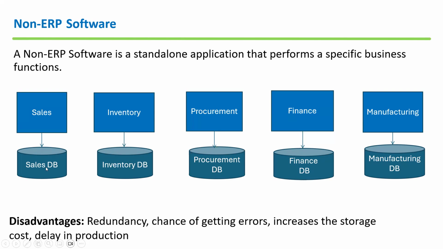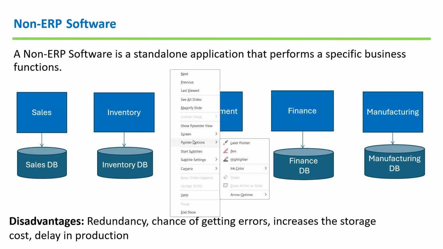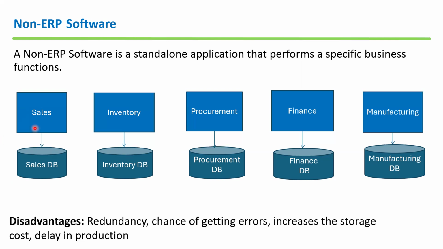There is no direct communication with other departments. Sales stores data in its own database, and inventory has its own database too. There is no direct interaction and no real-time update between these departments. That is a standalone application.